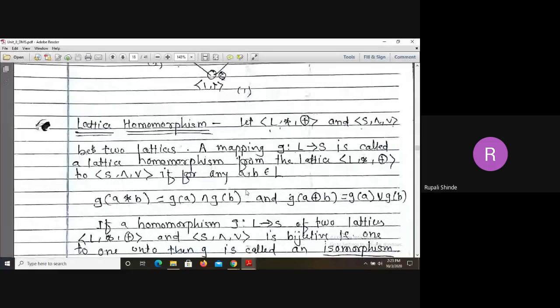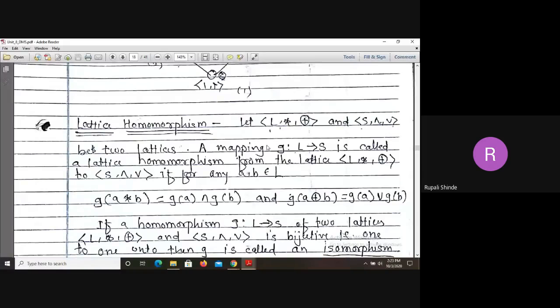Okay. Now the next definition is for homomorphism, and we have repeated this definition of homomorphism many times: homomorphism of semigroups, monoids, groups, and now we are going to define homomorphism for lattices.